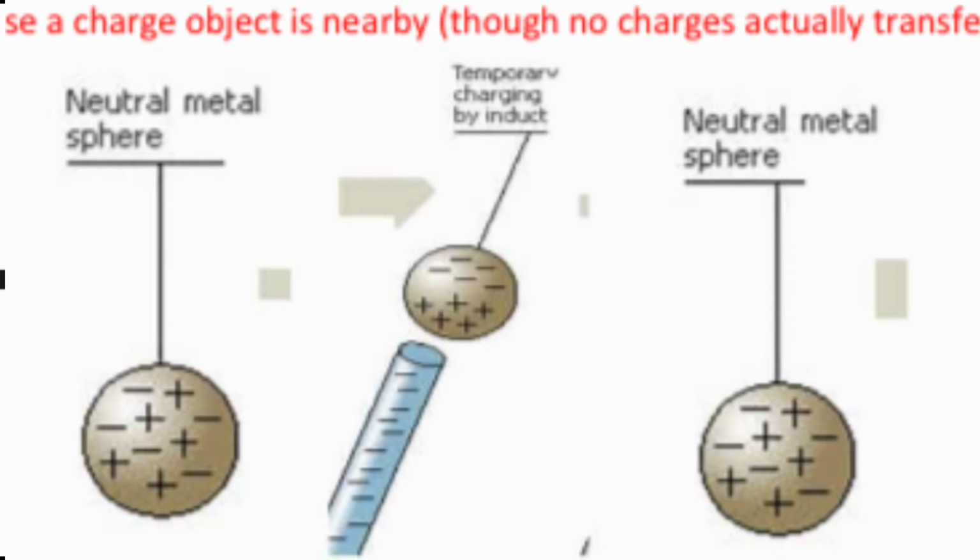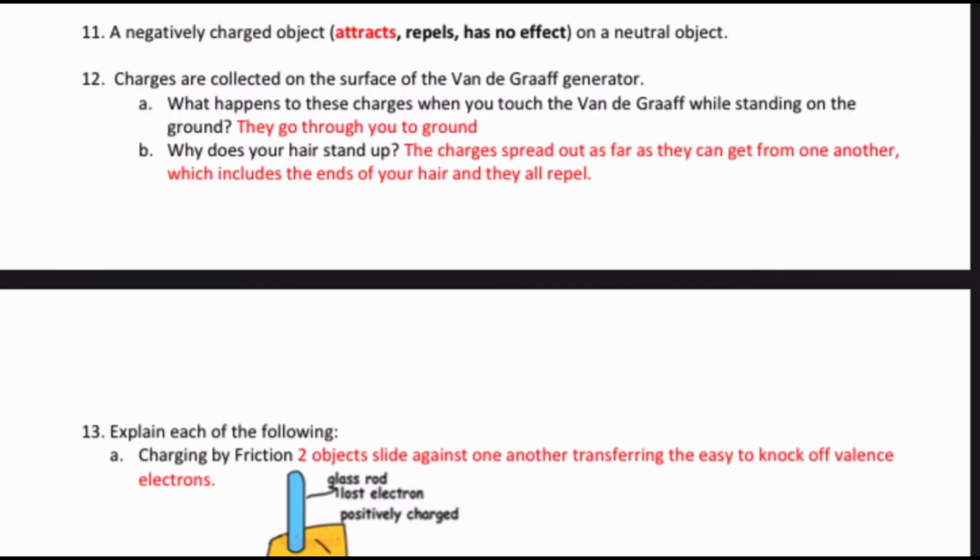The positive charges and negative charges separate. The electrons run away, and the positive charges run towards the negatively charged object. It would still be neutral overall, but the charges just separate. The one that wants to attract to the negative is going to run towards it, and the other one is going to run away from it, trying to get as far away as possible.